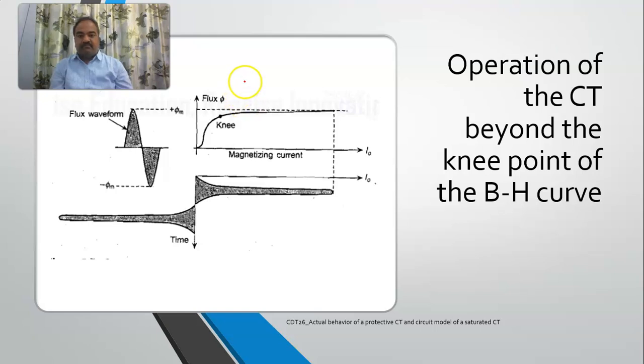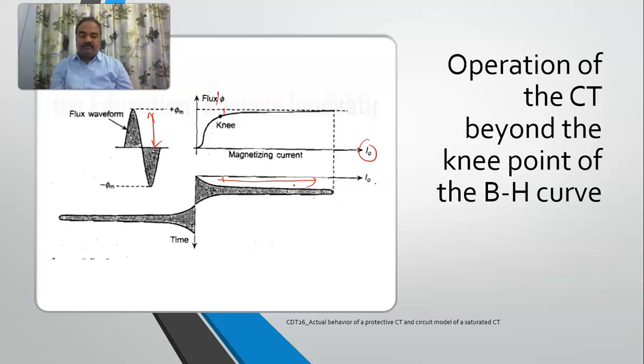This is the magnetizing curve. So in the initial cases, as flux is small, the I0 requirement is also very small. But after that, for a small change in flux, you require a large increase in I0. This is the problem.